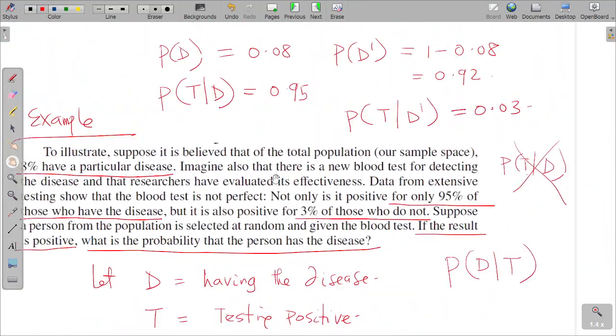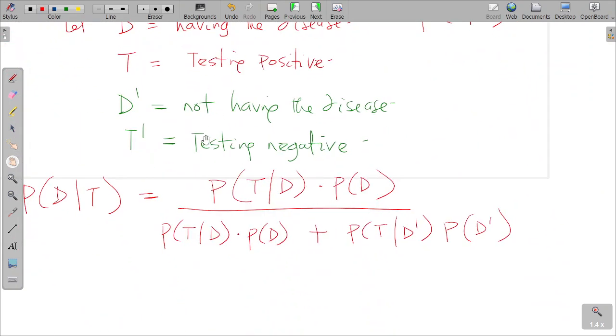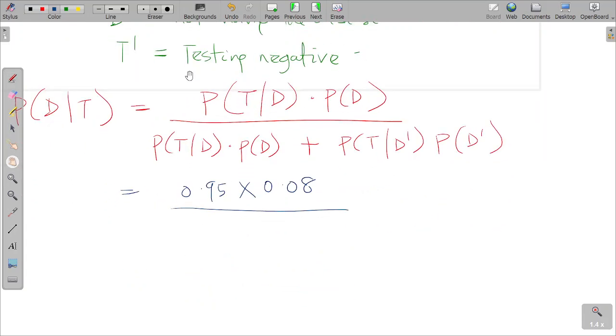T given D, 0.95. So we have 0.95 multiplied by 0.8. I think that is correct. Let's check again. This is exactly this one, 0.95 multiplied by 0.08.